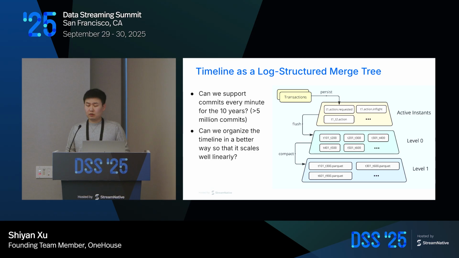Imagine you are running one commit every minute, and the table is designed to run 10 years for auditing purposes. You have to keep all the past commits for 10 years. That means you need to write more than 5 million commits in total, and because there are 3 states, you have 15 million files stored in a directory.